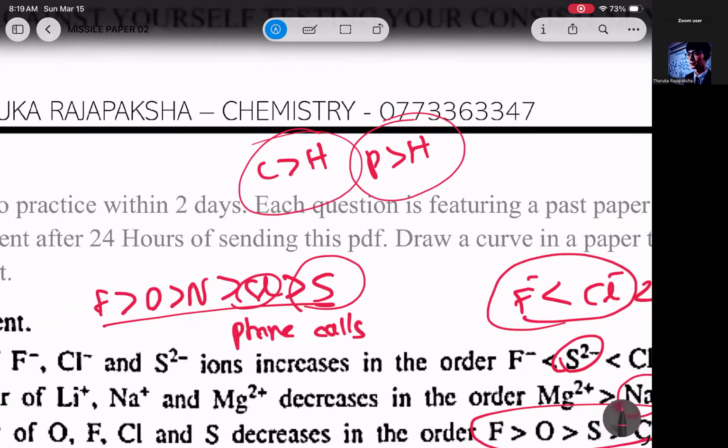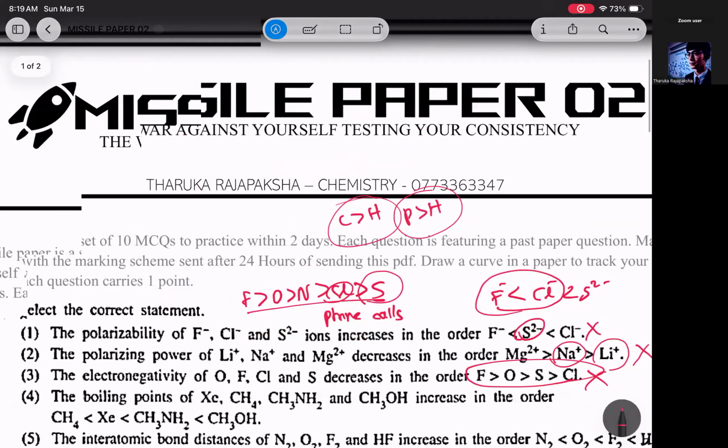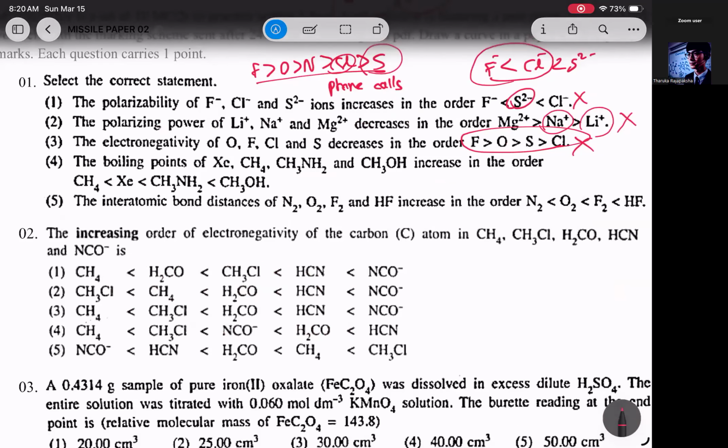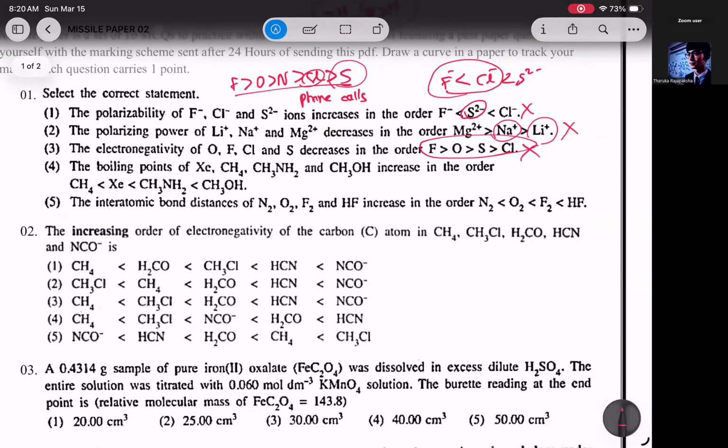So the next one, increasing order of electronegativity of the carbon atom means CH4, CH3Cl, H2CO, HCN, and NCO minus. Right. Electronegativity of carbon atom. So we have to check the central atom actually. So this is CH4.